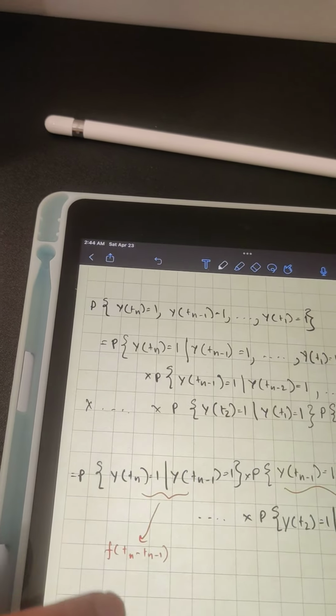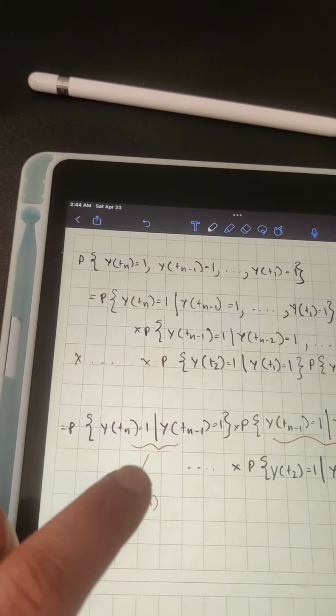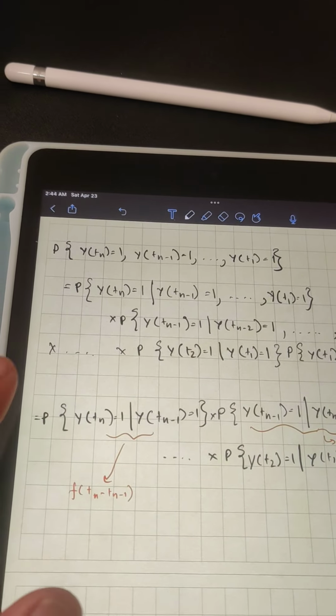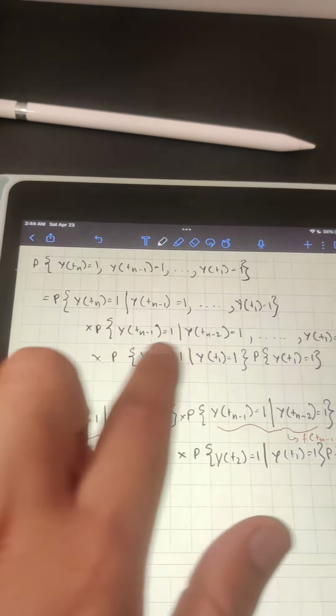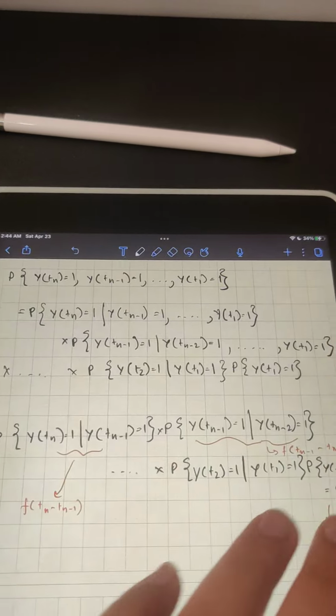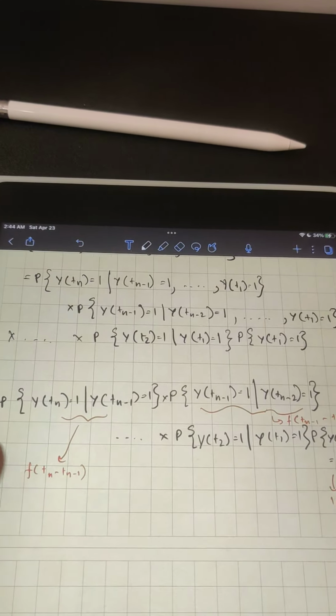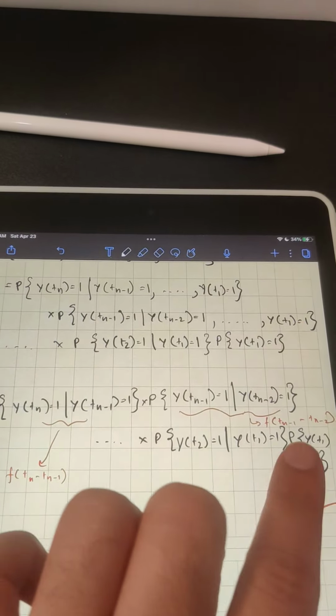And since I already said that Y(tn) depends only on Y(tn minus 1), all of these terms become conditioned on only one term, like this. So all these are functions of tn minus 1, right?